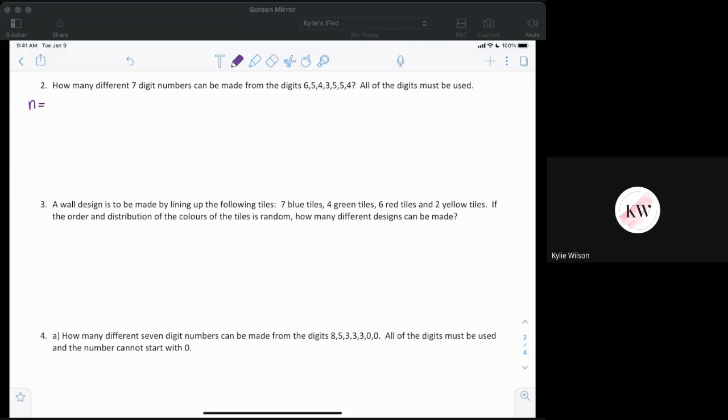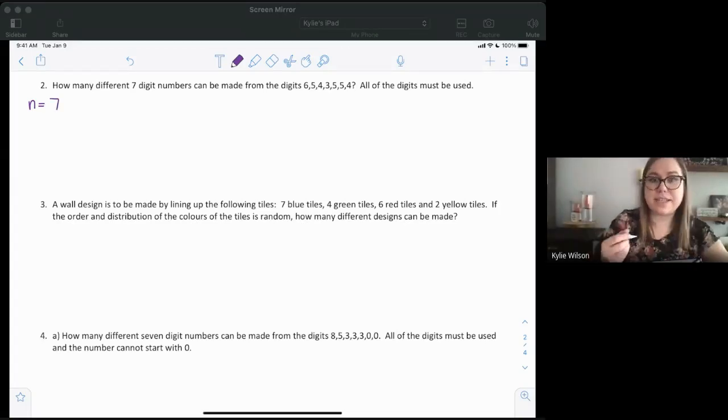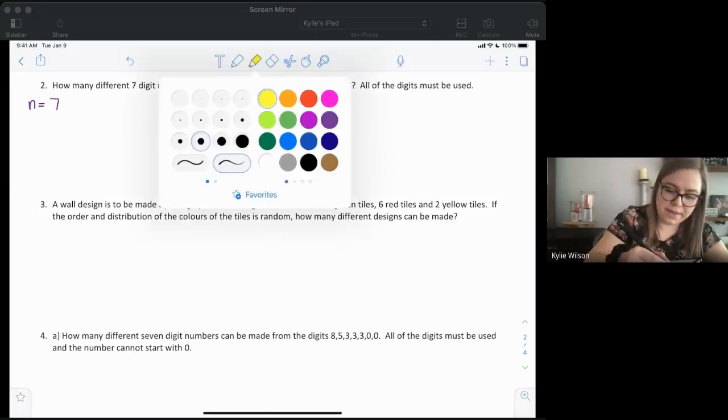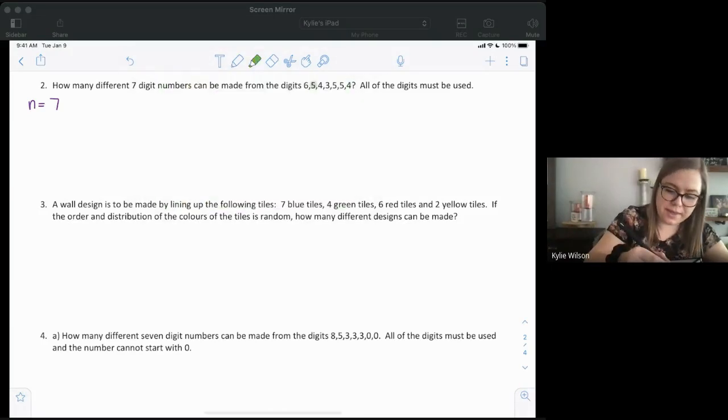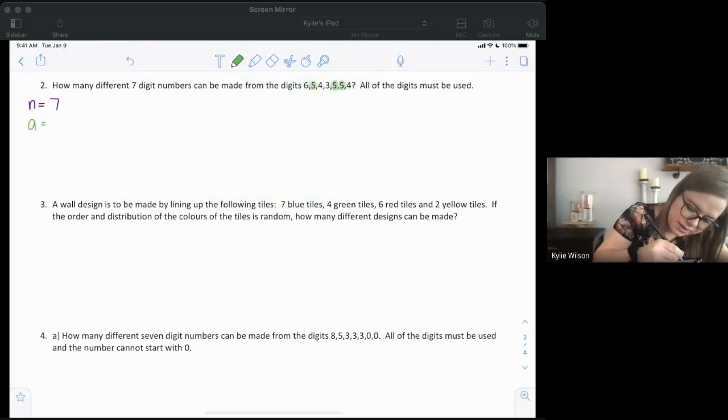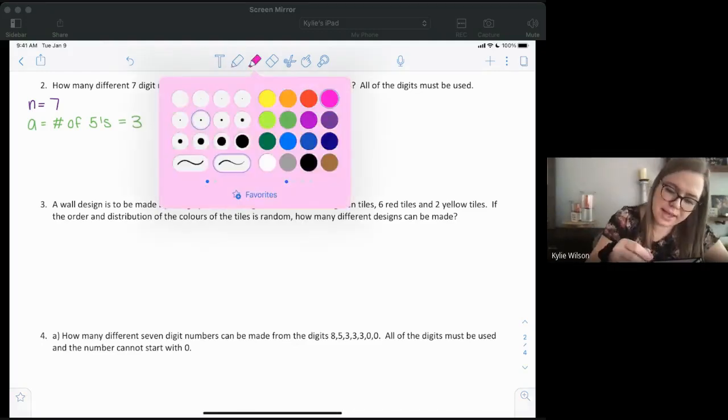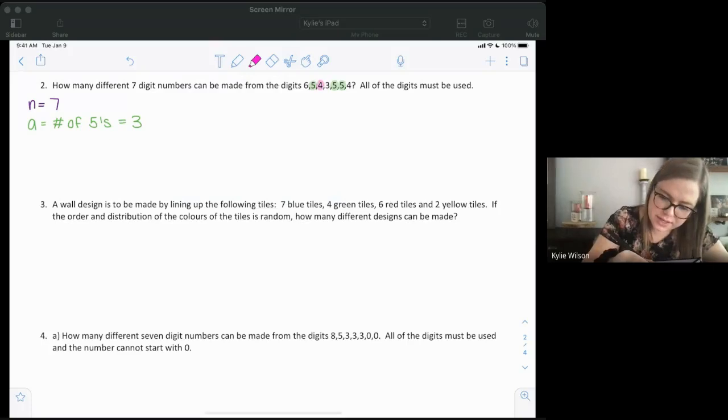So n is my total number of elements, which in this case is 1, 2, 3, 4, 5, 6, 7. Then we have to figure out how many identical items there are. So first we'll look at the fives. So we have 1, 2, 3 5s. So a will be our number of fives, and we have 3 of them. And then I look for any other identical elements, and we have our 4s.